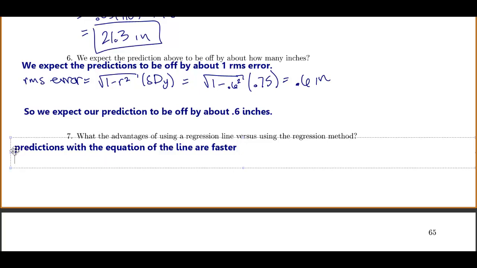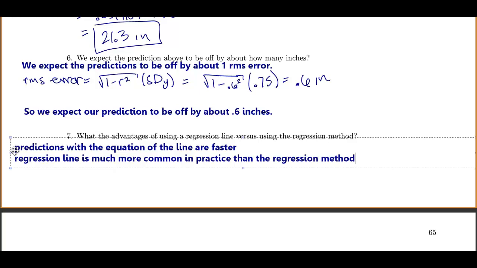And because you're doing less work, you're probably less likely to make mistakes while calculating. And the regression line is much more common in practice than the regression method. The regression method does work, but if you're ever to use this in your job or in another class, you're much more likely to use the regression line.